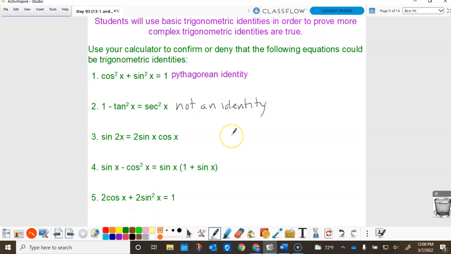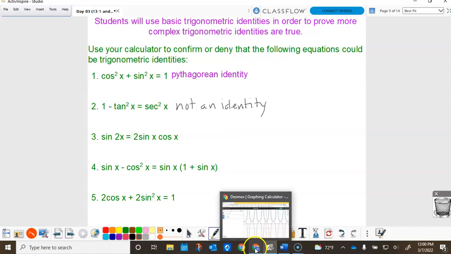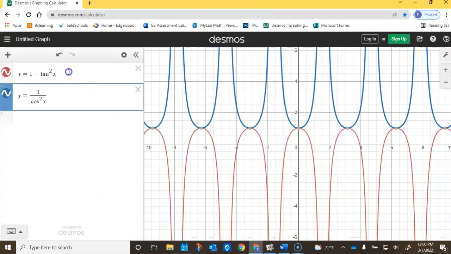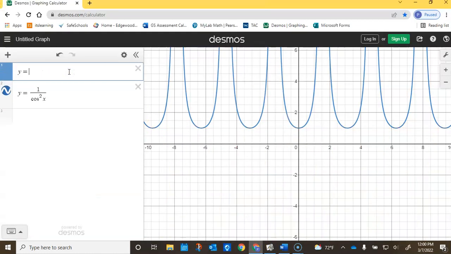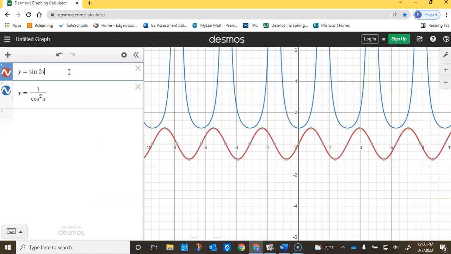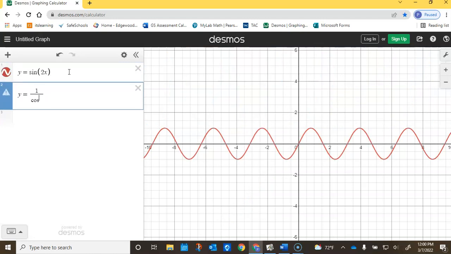Okay? The next one we know is an identity, but we're going to graph it. So it's sine 2x equals 2 sine x cosine x. So we have y equals sine 2x, I'm going to put that in parentheses, and the other one I have is 2 sine x times cosine x.